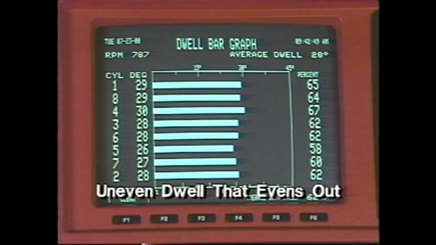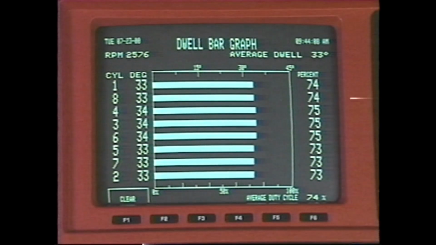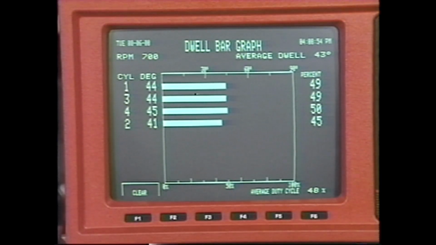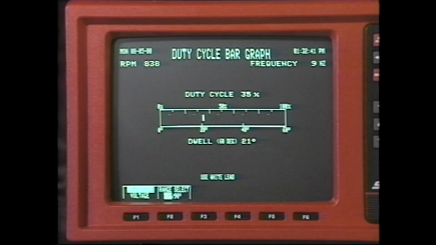If dwell is uneven and evens out when speed increases, the problem is probably in the timing chain or belt. If only one cylinder shows a variation, look for a worn distributor shaft cam lobe. The duty cycle bar graph allows you to check dwell on electromechanical carbureted systems with feedback control.